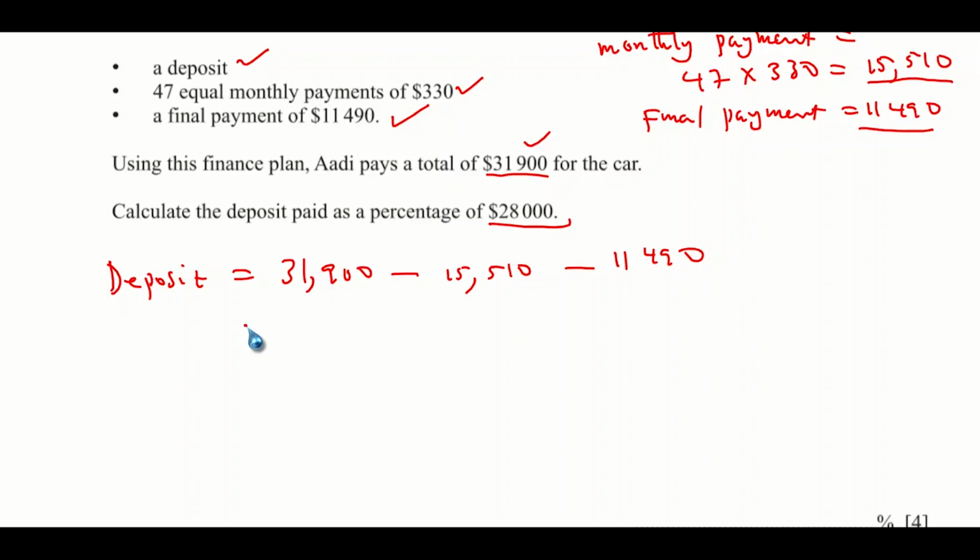If you do this, you should get the amount of the deposit. This will give us $4,900. So this is the deposit.